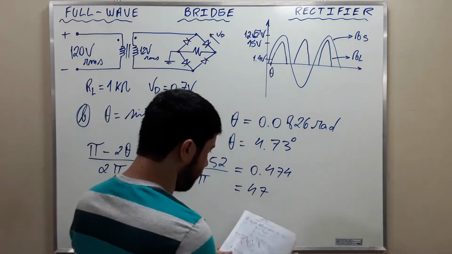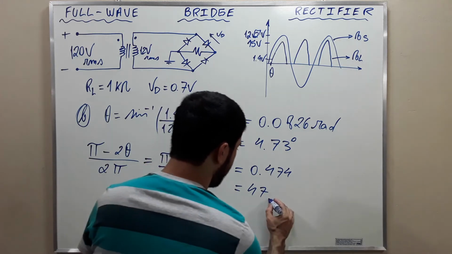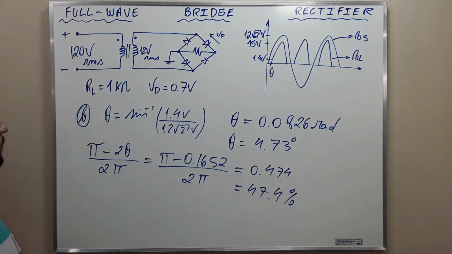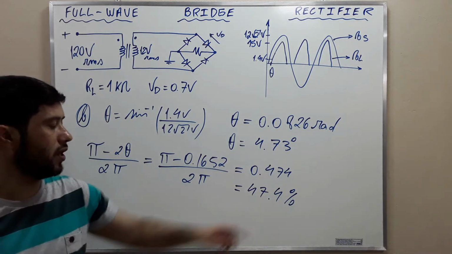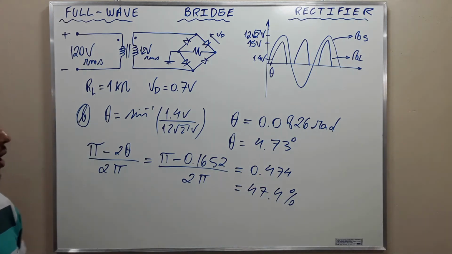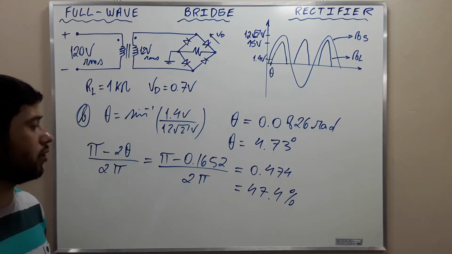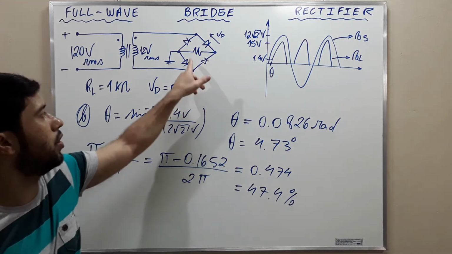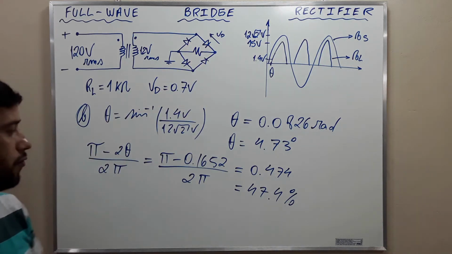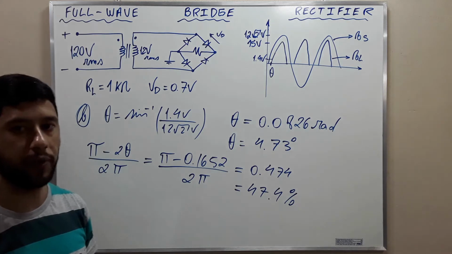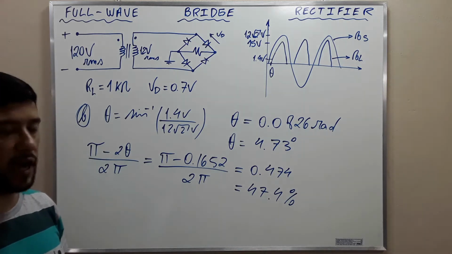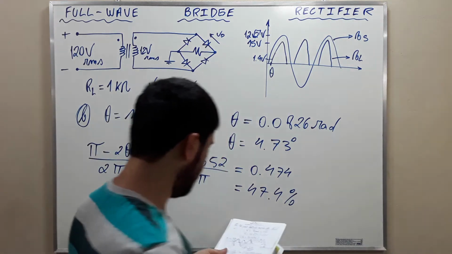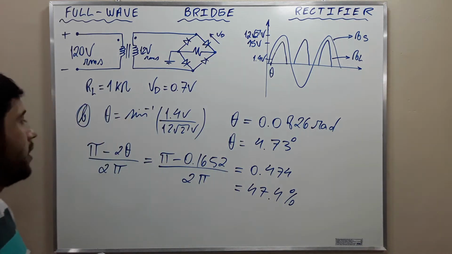So it's going to be 47.4%. This is not the angle. This is the fraction of the cycle the diode will conduct. Each one of these diodes will conduct for 47.4% of the cycle. So this is the answer of letter B.